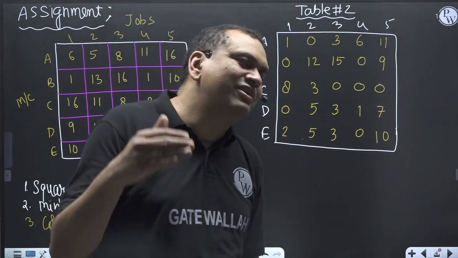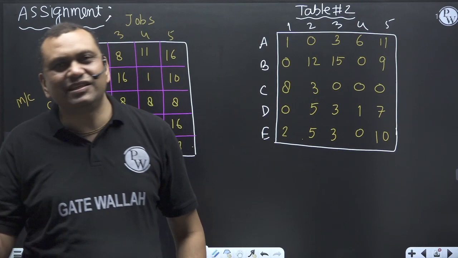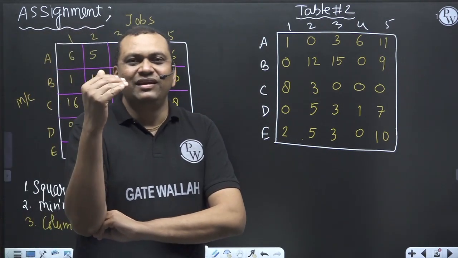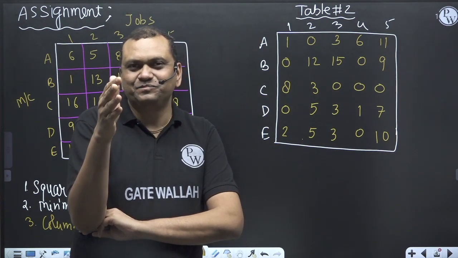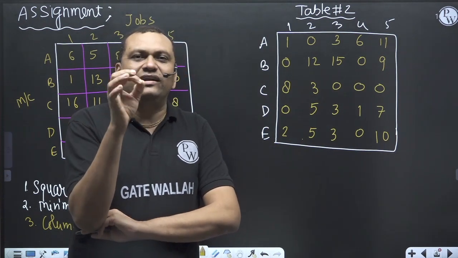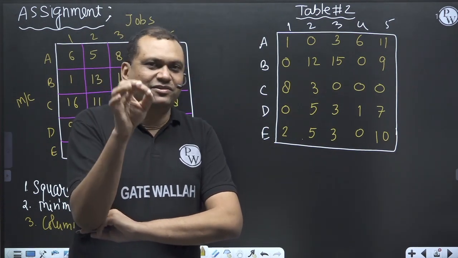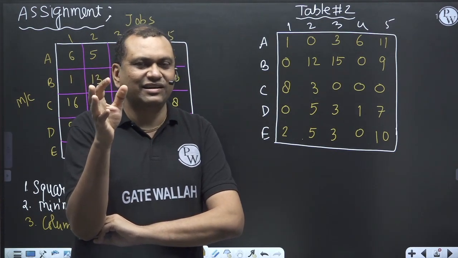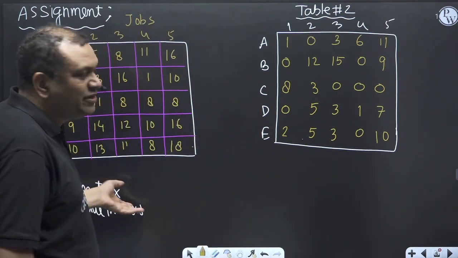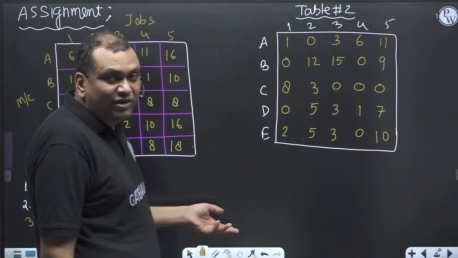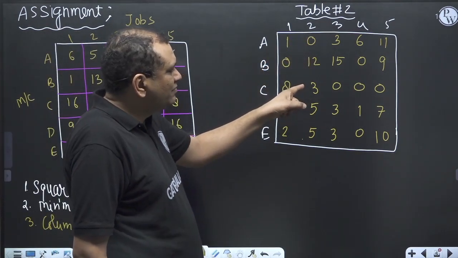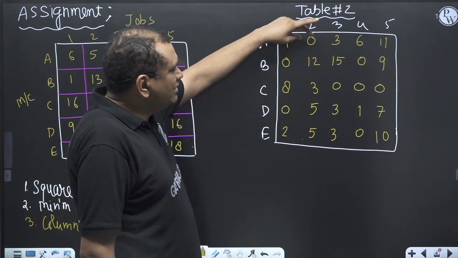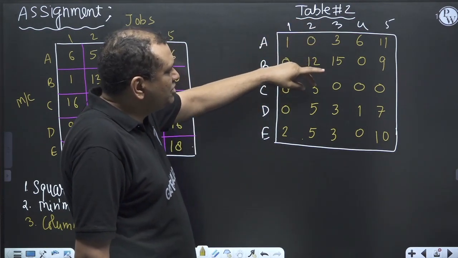And in some column, let us say if the 0 is not there, same procedure you repeat for the column. What is that procedure? Select the minimum value from that column and subtract that minimum value from each and every element.